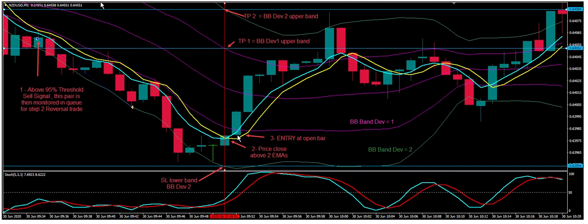Then we open the trade on the opening of the next bar, and we put a stop loss at the lower band of the deviation 2 Bollinger Band. Take profit will be at the upper band of deviation 1, and take profit number 2 at the deviation 2 Bollinger Band. Once we hit take profit number 1, we move stop loss 1 pip below the entry, and we wait. Either we get stopped or we hit take profit number 2.